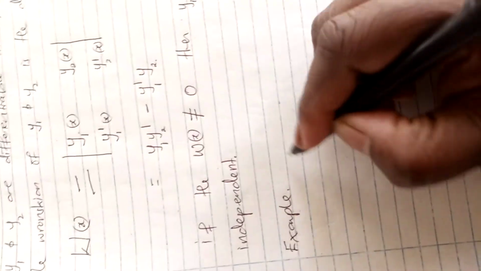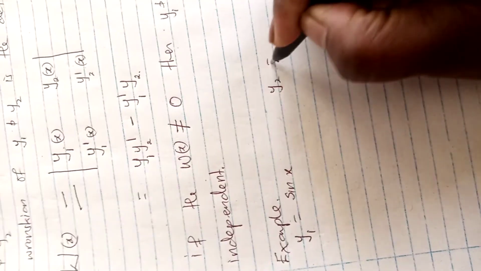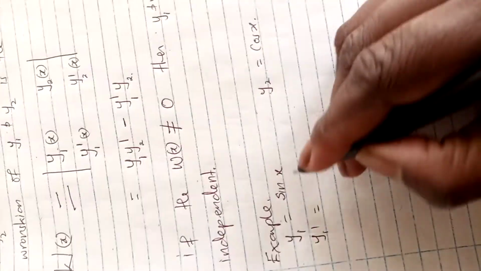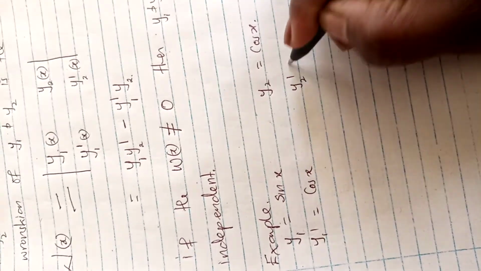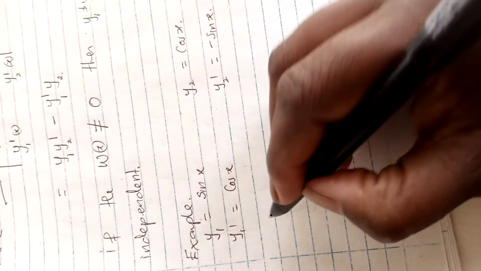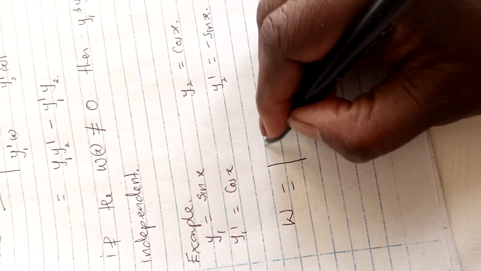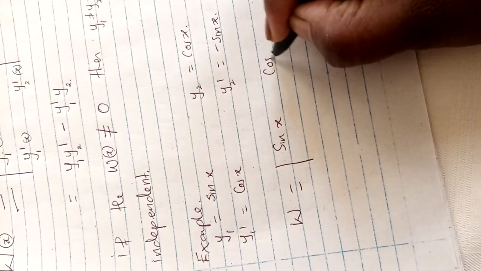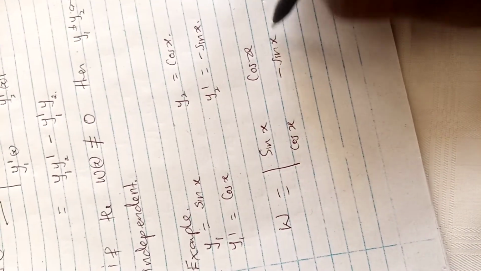So we had y1 equal to sine x and y2 equal to cos x, and y1 prime would be equal to cos x, and y2 prime would be equal to minus sine x. So now the Wronskian is equal to the determinant of sine x, cos x, cos x, minus sine x.